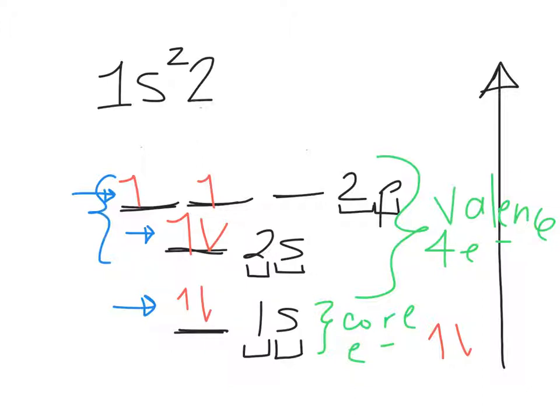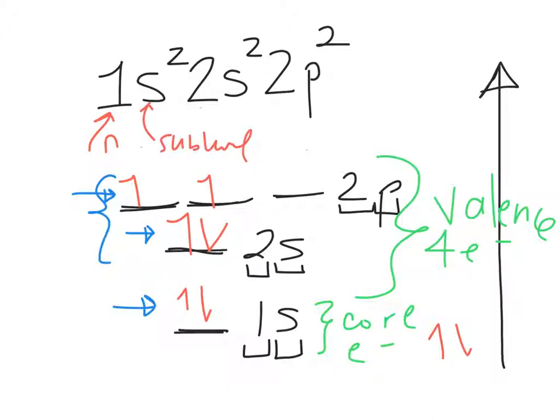In energy level 2, in the s subshell, there are 2 electrons. And in energy level 2, in the p subshells, there are a total of 2 electrons. So this is our final electron configuration. So we have the energy level N represented here. We have the sublevel represented here. And then the superscript is the number of total electrons in that particular sublevel.